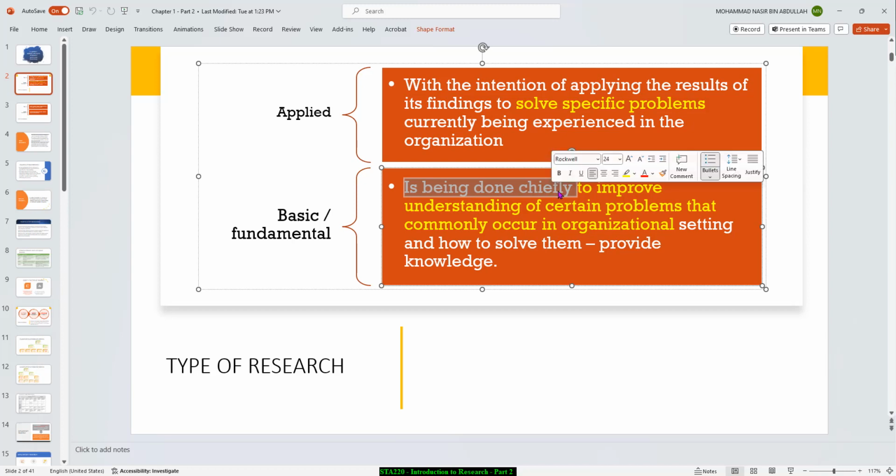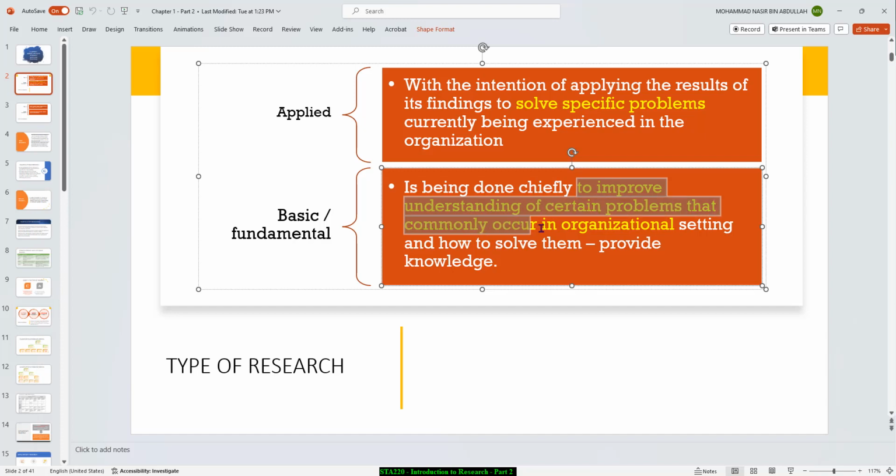being done chiefly to improve understanding of certain problem that commonly occur in organization, and how to solve them, provide the knowledge. Means that we're not going to solve the problem, we just want to identify the phenomenon in the problem.